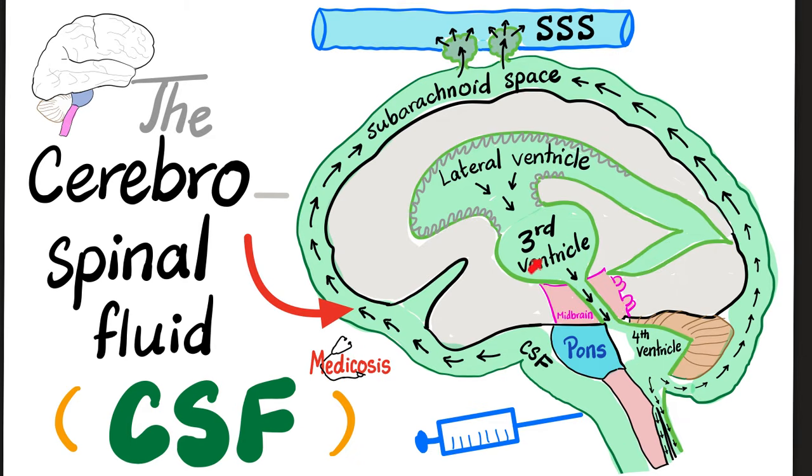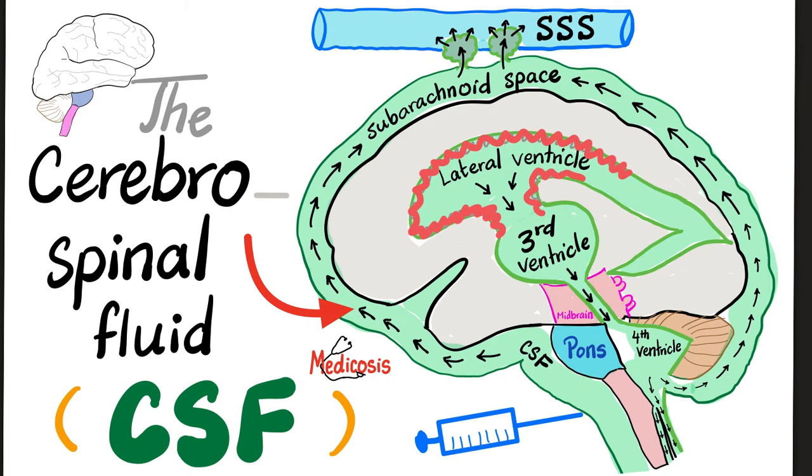Where did the cerebrospinal fluid come from? It came from the blood. Really? Yeah, it came from the capillaries. What kind of capillaries? They are the capillaries of the choroid plexus, which line and invade the ventricles, especially the lateral ventricles. The choroid plexus is lined by ependymal cells, which are neuroglial cells that secrete cerebrospinal fluid.